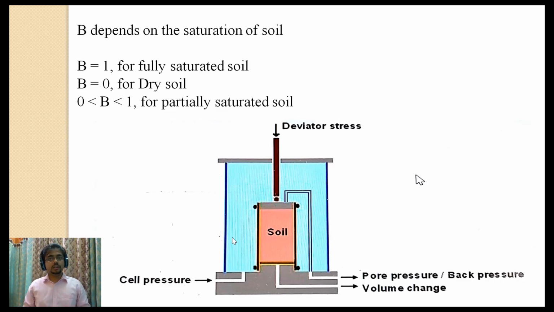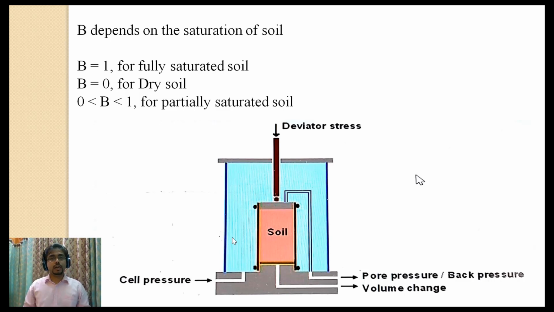Now what will happen to those pores which do not have any water? As there is air in them, the air cannot take any amount of load. So for those pores, the soil solid particles will take some amount of load.